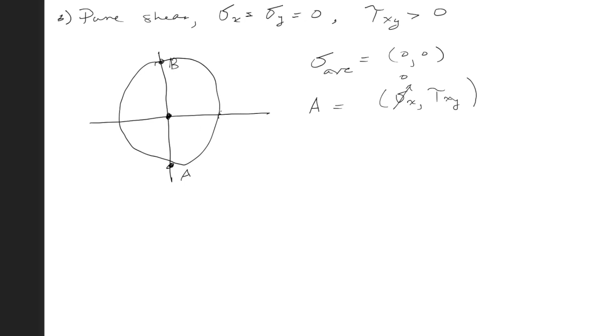And so now if we want to know, for example, sigma max, we know that it is equal to just this distance here, which is nothing more than tau xy, and it happens also at 45 degrees. Okay, so there's pure shear. So that's chapter 3. So we've gone through all the different cases we learned in class.